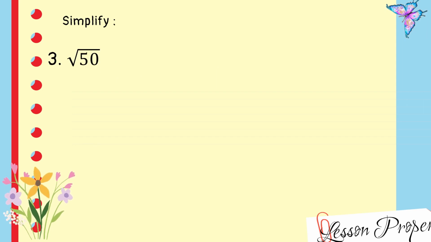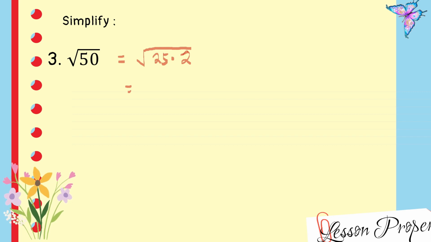Next, square root of 50. Can you think of a number or two numbers which when multiplied will give a product of 50, wherein one has an exact square root? Square root of 50 can be written as square root of 25 times 2. 25 times 2 is 50.